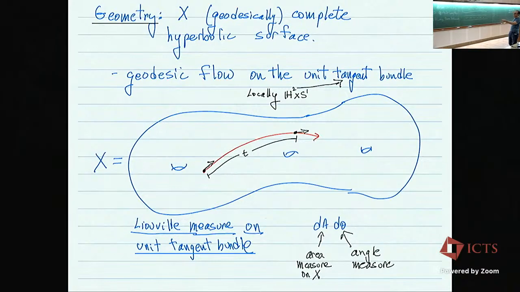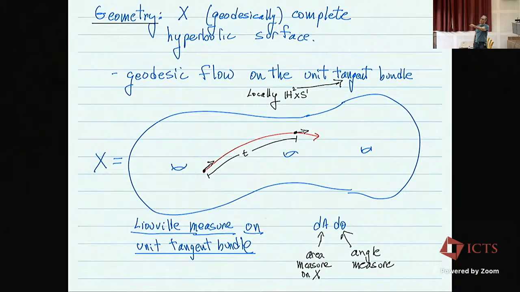This is back to that same picture. So let me talk again. So suppose now we start with a geodesically complete hyperbolic surface. Again, we have the geodesic flow, as we were saying before, on the hyperbolic surface. Now it's on a hyperbolic surface. Earlier, I was more generally talking about a Riemannian manifold. Same definitions.